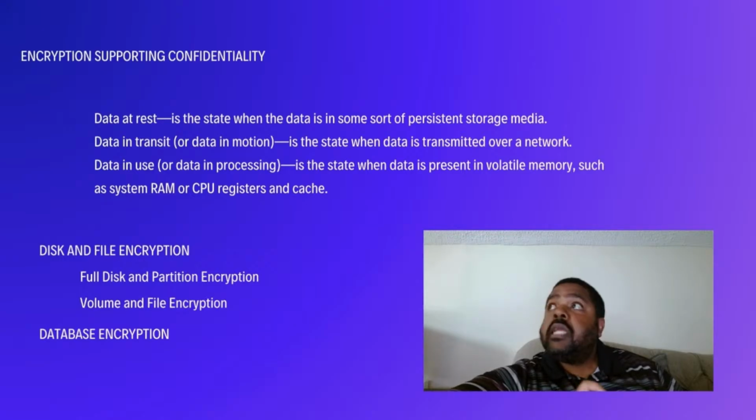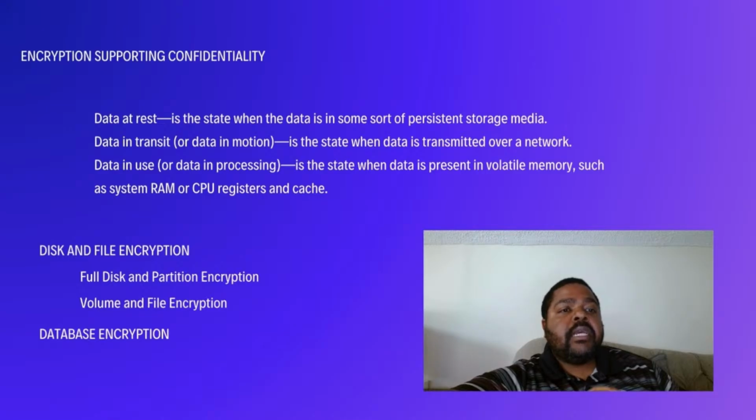Data in motion is the one I've been talking about most throughout this lesson, and that's encrypting from endpoint to endpoint over the internet. So that data in motion needs to be encrypted. HTTPS and SSL encryption create that tunnel that keeps prying eyes from seeing plain text traffic.